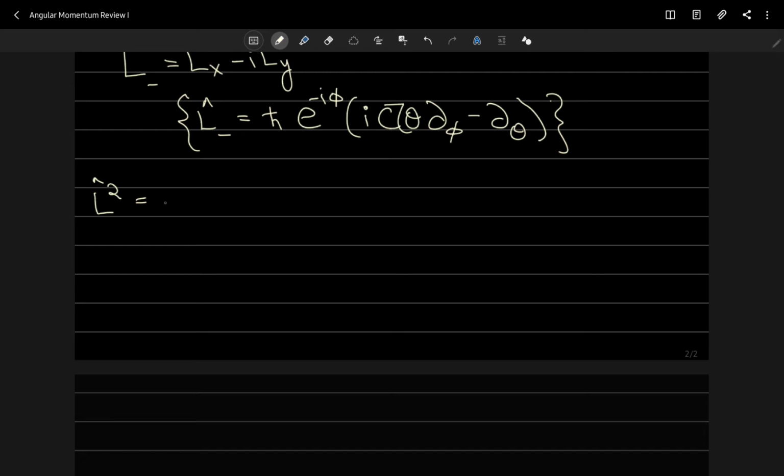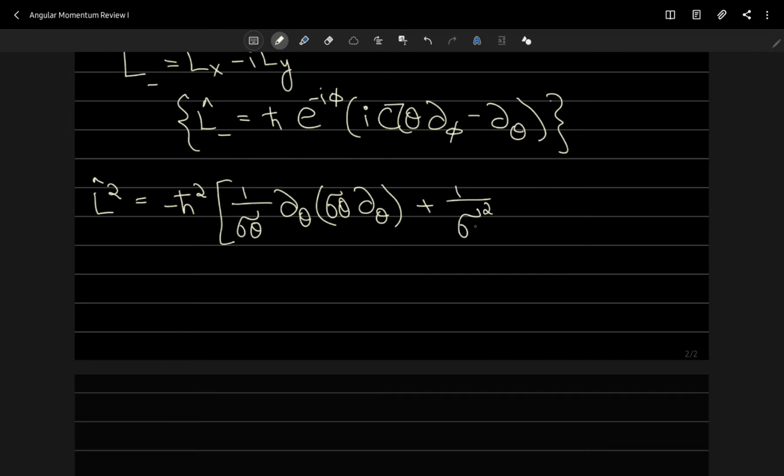So once you compute that, you just get negative h bar squared times 1 over sine of theta, partial derivative with respect to theta, times sine of theta, partial derivative with respect to theta, plus 1 over sine squared of theta times partial derivative with respect to phi, in fact, partial square, right?